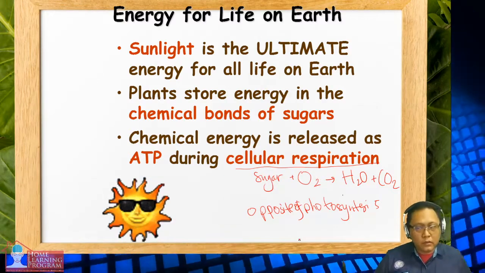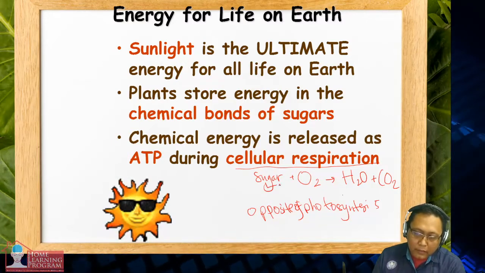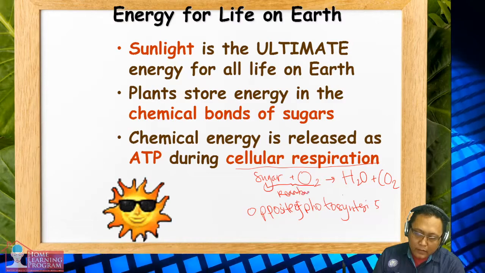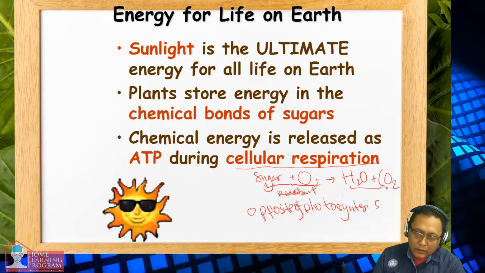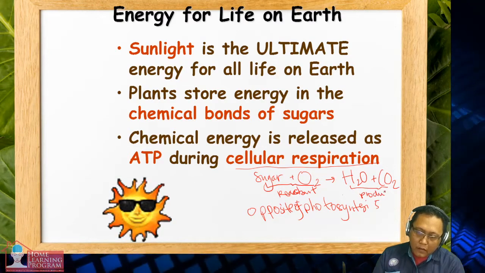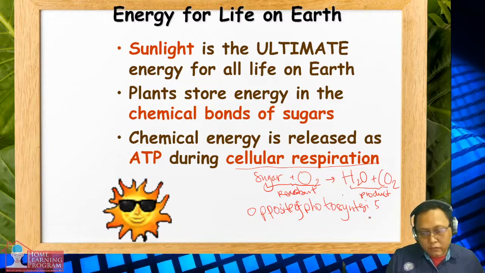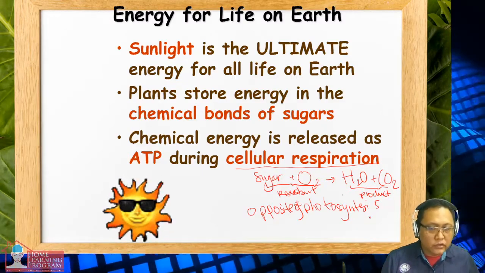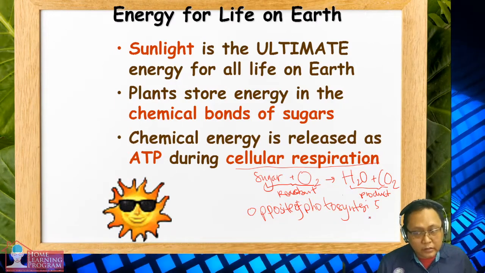In a chemical reaction, remember that this is the reactant and this is the product. So we can say that the product of photosynthesis, which is sugar and oxygen, is used as a reactant in cell respiration.